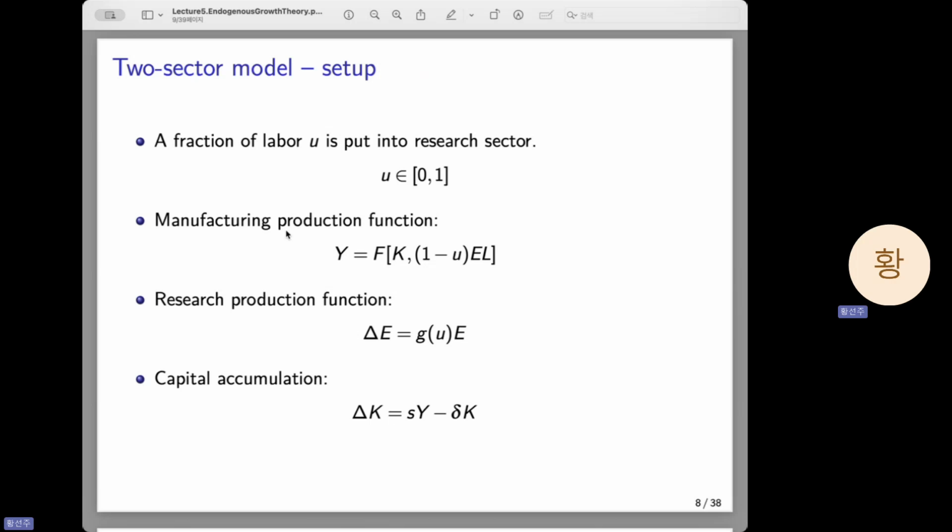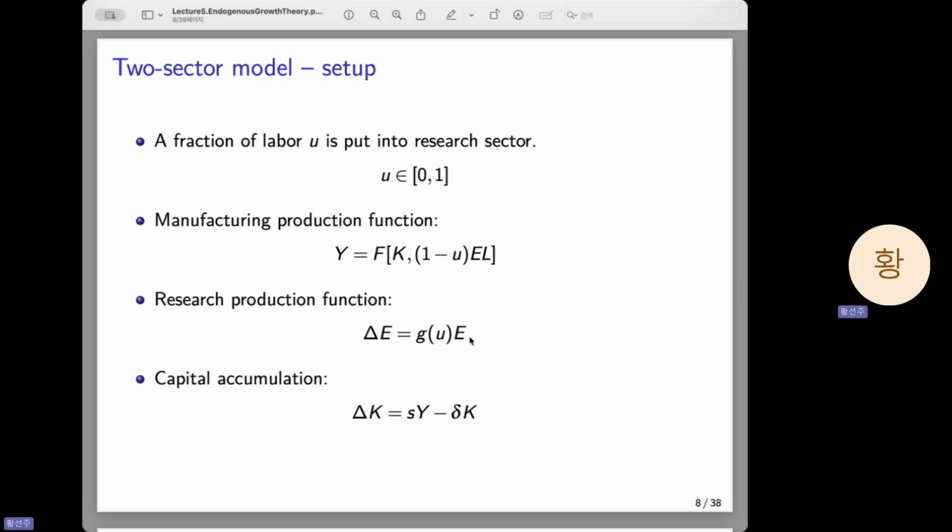So the manufacturing production function is defined as a function of K and labor, which is defined as 1 minus U times effective workers. Okay. And the research production function is defined like this. The change in labor productivity is a product of the function G and the initial level of labor productivity.